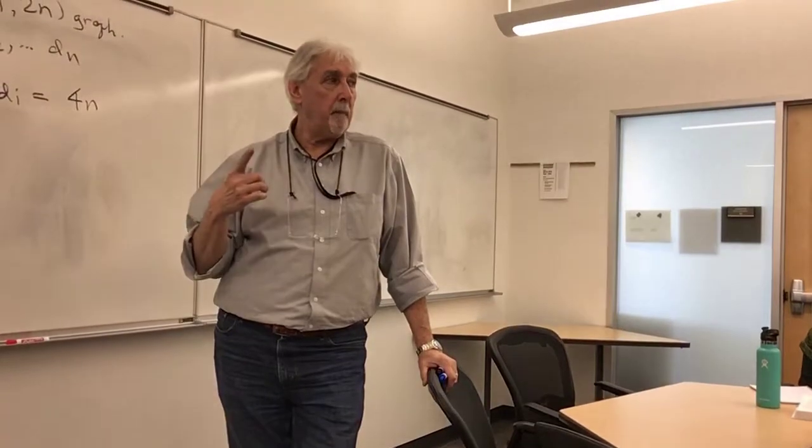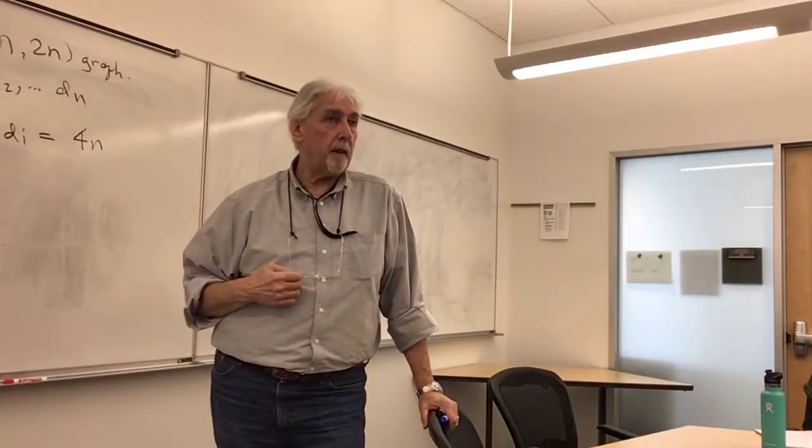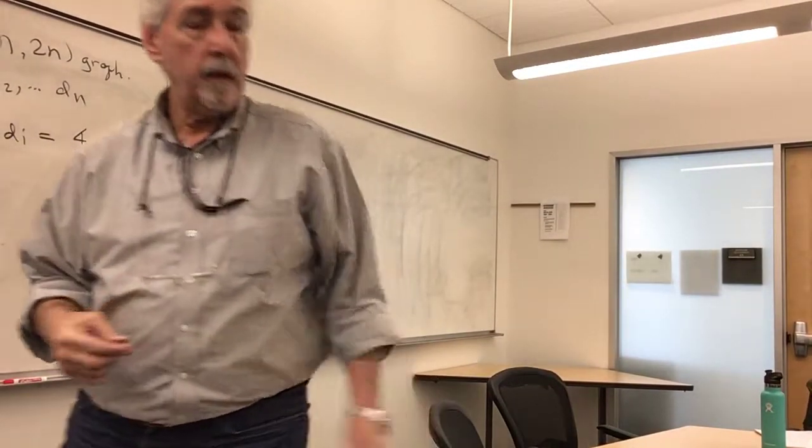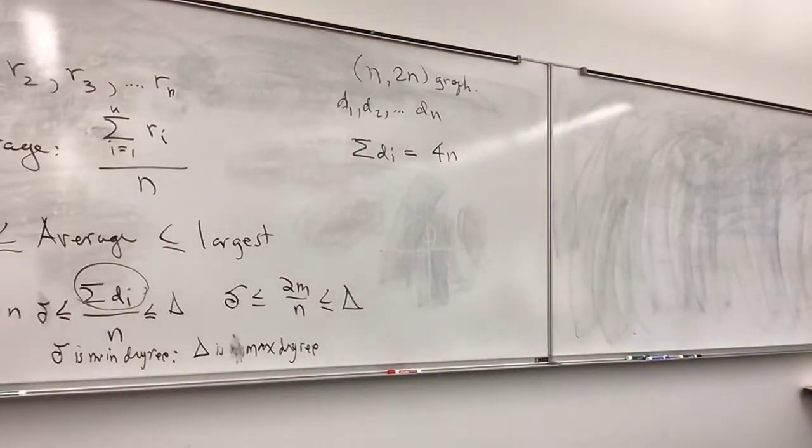Okay, now remind me, what's the degree of x0? At least k? Okay. Since the degree of x0 is greater than or equal to k, and all of x0's neighbors lie on P. Is that clear?